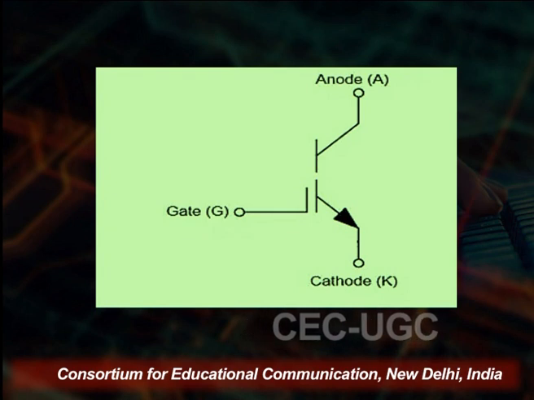Now, the gate is not defined as an attachment. The structure has three terminals, the anode, cathode and the gate. The P and N layers are sandwiched between the anode and cathode. The thyristor is switched on when a negative trigger voltage is applied at the gate with regard to the anode.